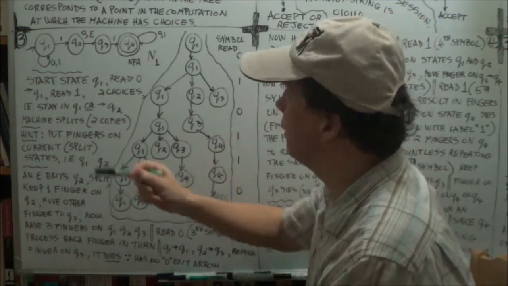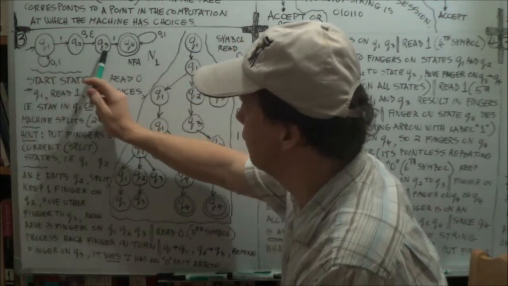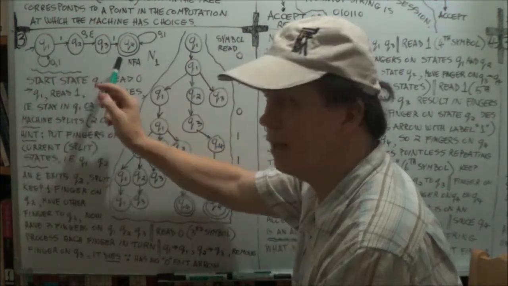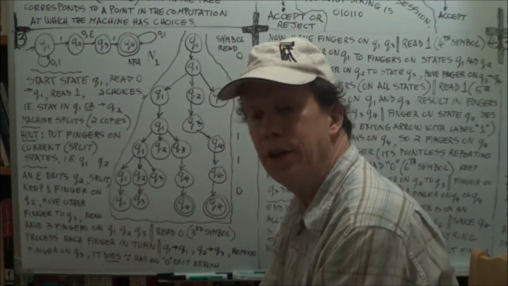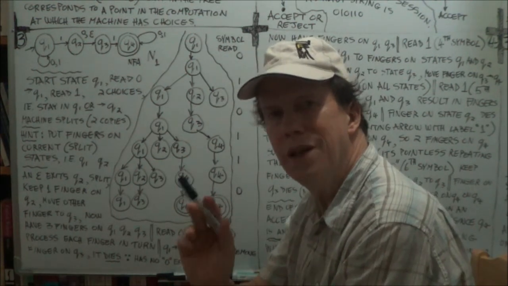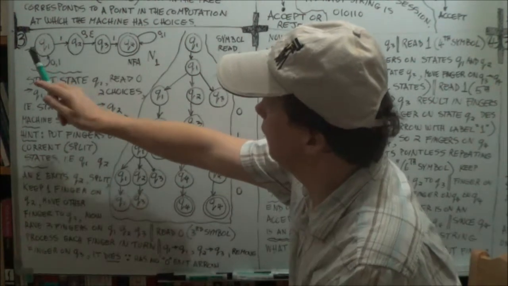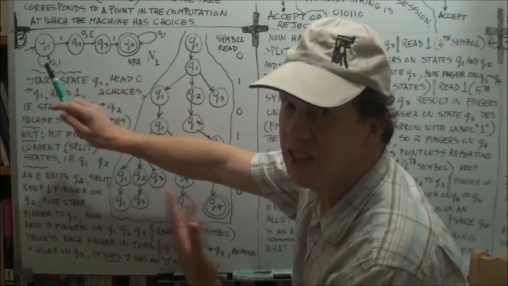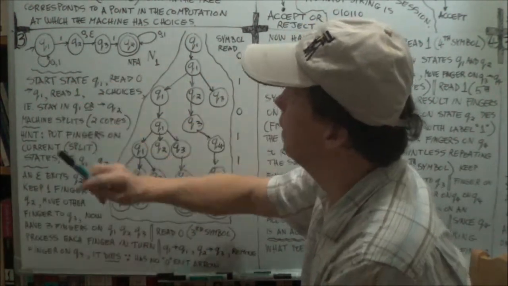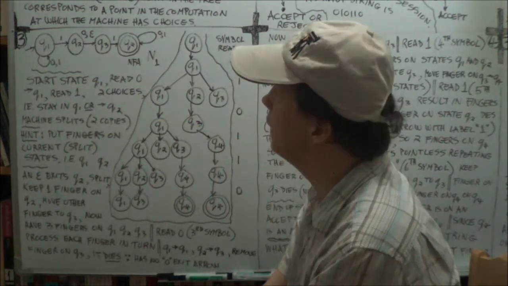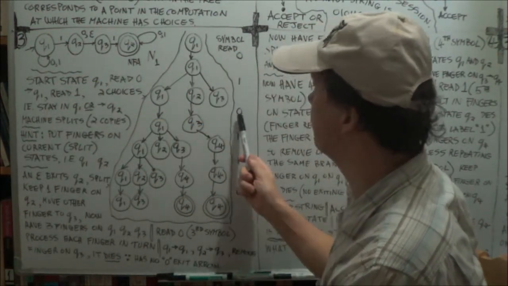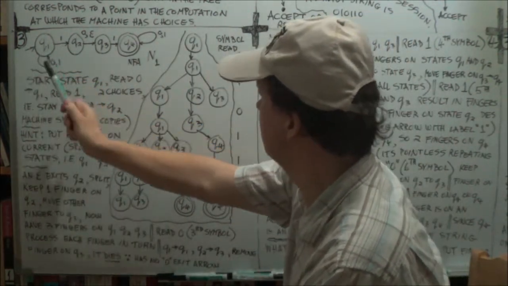Now, each one of the states that are fingered, you analyze each one separately, one by one. So this one's pinned or fingered, so is this one, so is this one. So have a look at this one, and the input symbol is 0. So what do we do?